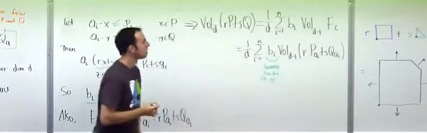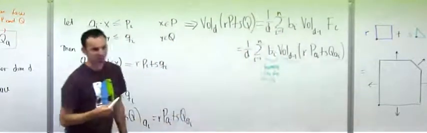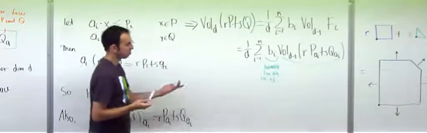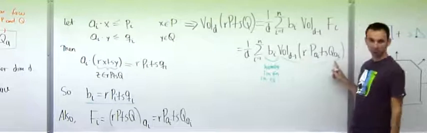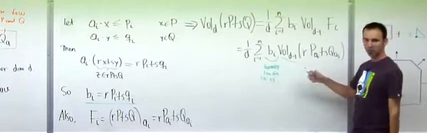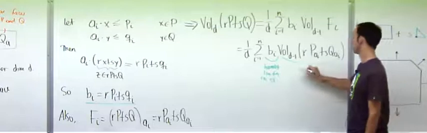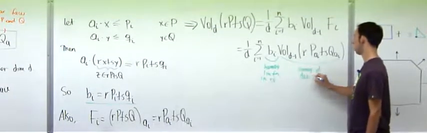And this thing might have more subscripts than you like, but the point is that this is a (d-1)-dimensional volume of a Minkowski sum. And by induction, no matter what these polytopes are, this is a homogeneous polynomial of degree d-1 in r and s.